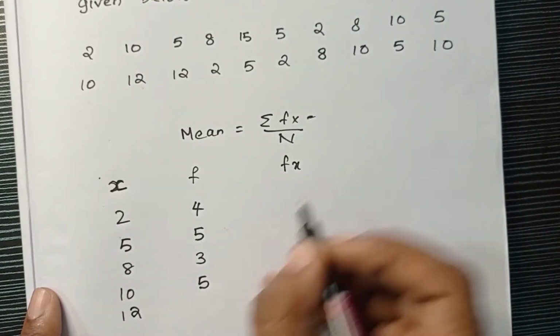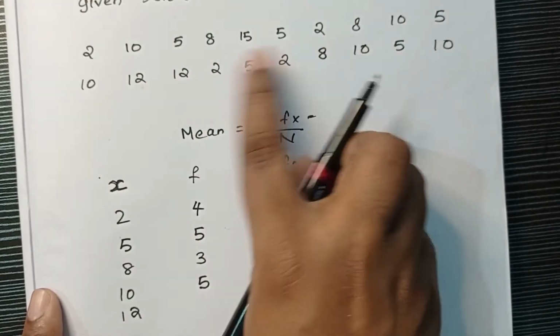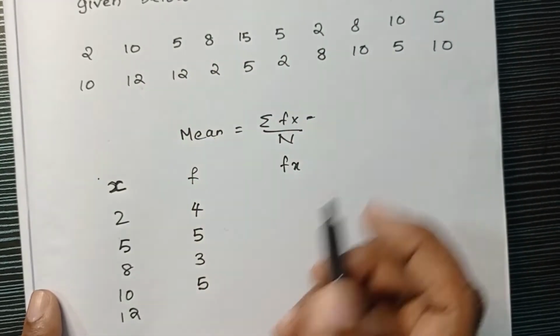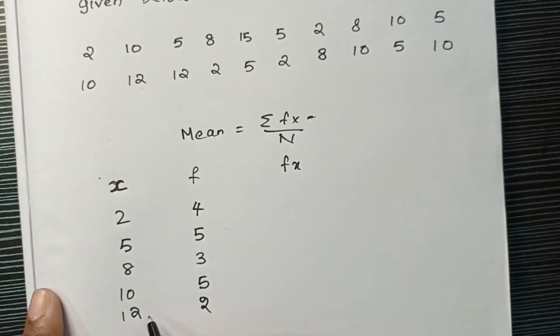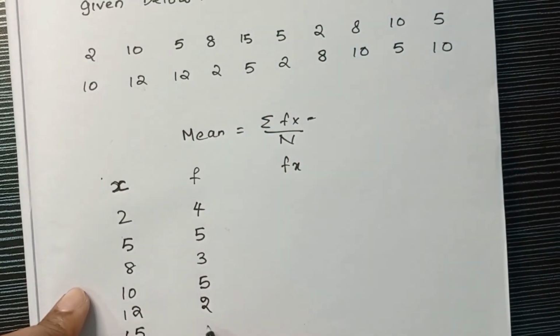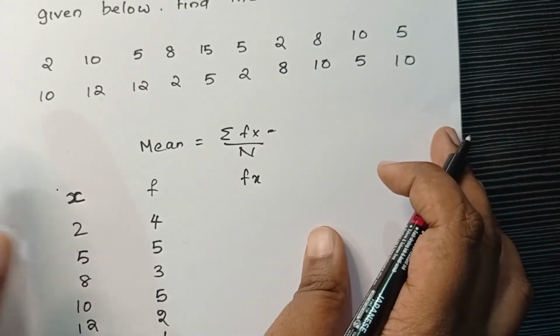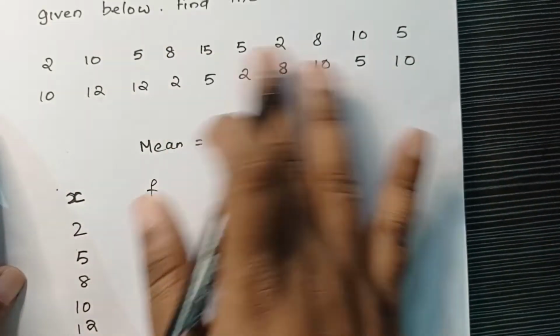How many times is 12 repeating? You could see 1, 2. So I'll write 2 here. Then next is 15. How many times is 15 repeating in this question? Only 1.